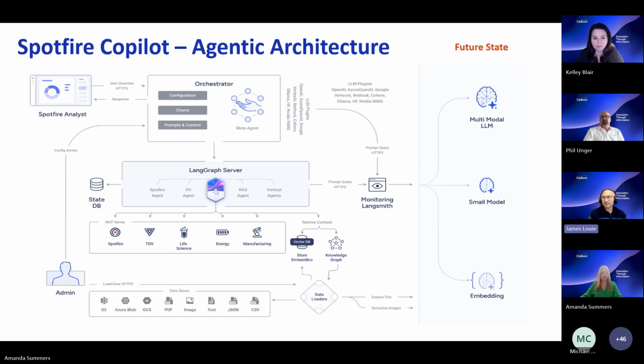Okay, and then this slide here is a future state roadmap. We've also got a webinar on it where Viv from Spotfire dives deeper into it. But essentially at a very high level, the current state of the Copilot 2.1 is very much based on regular LLM workflows.